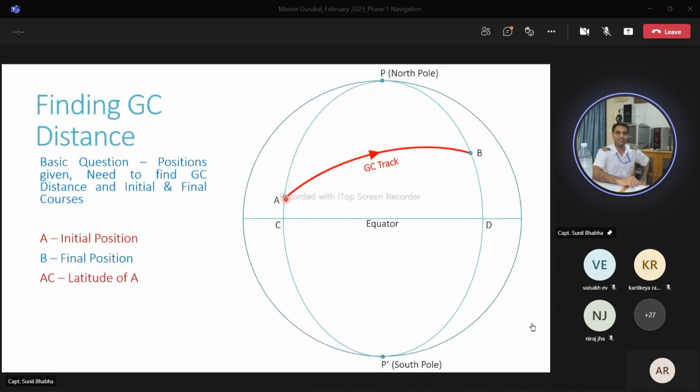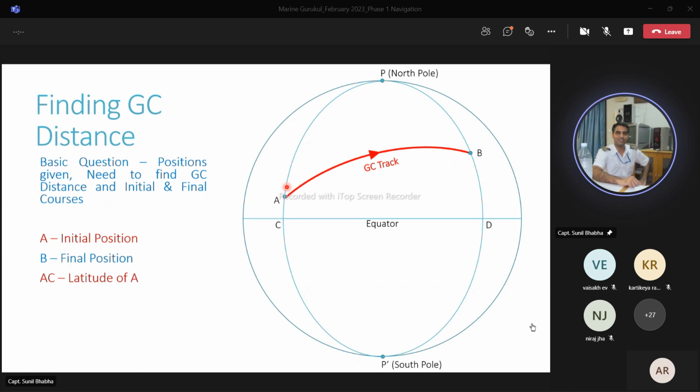Now, if we concentrate our attention on this part of the diagram, that is AC, alpha to Charlie. Alpha to Charlie is the arc of the meridian contained between the equator and position A. This is exactly what the definition of latitude is: the arc of the meridian contained between the equator and that particular position.